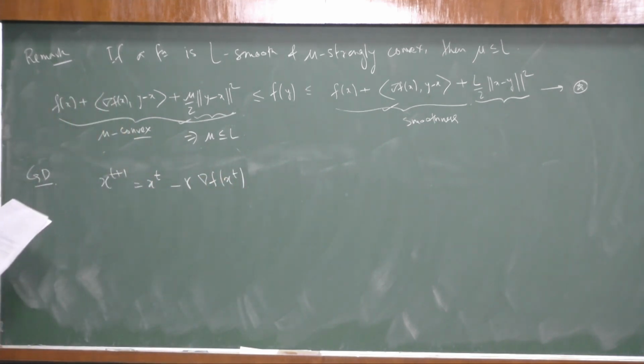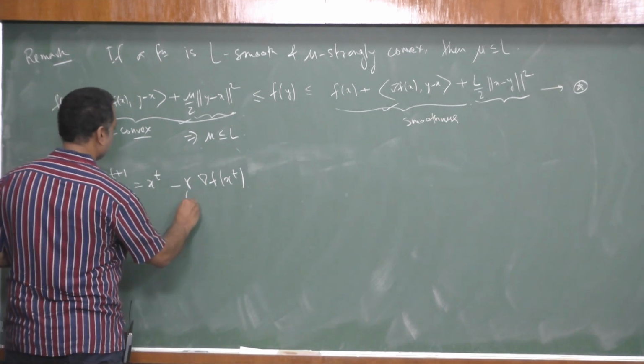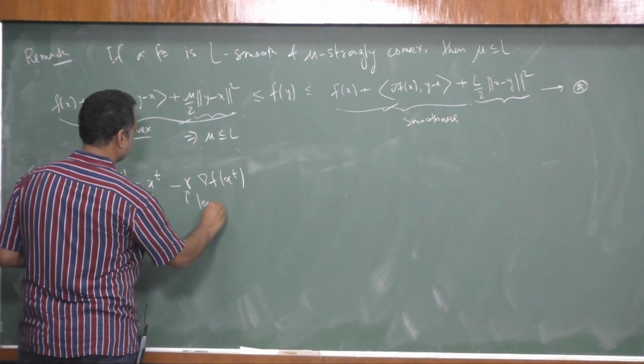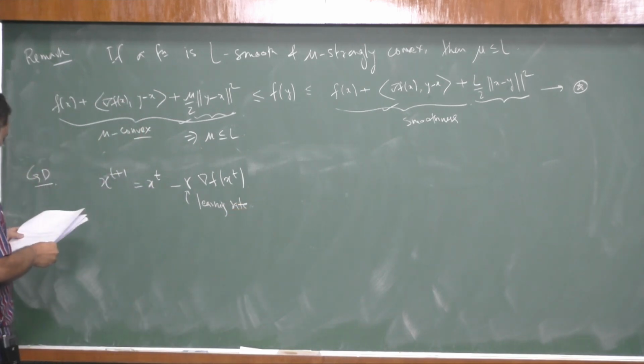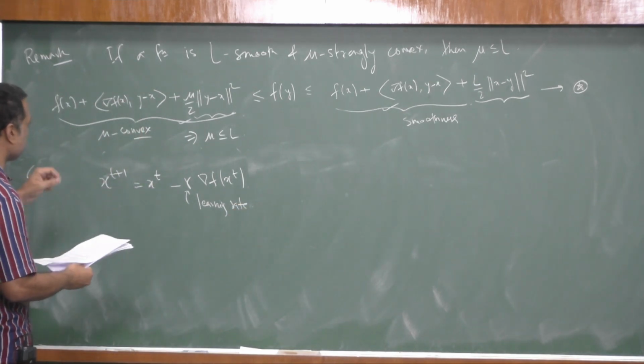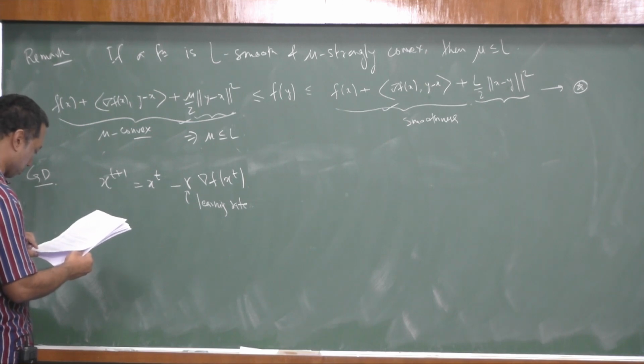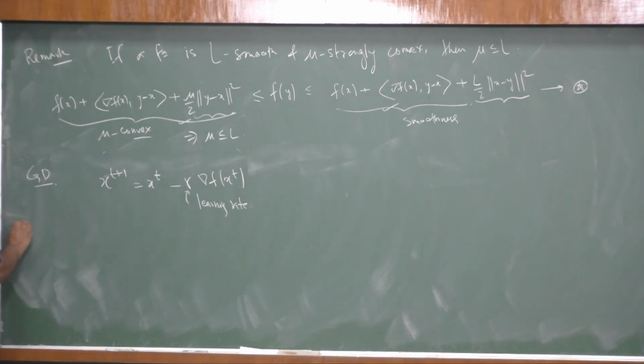So this is an algorithm that produces new x from the old one, which in this case is x_t. And this is the learning rate, obviously. So let us prove this for mu strongly convex and smooth functions. So this is a theorem.